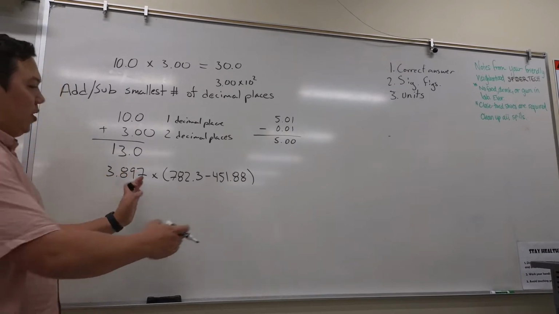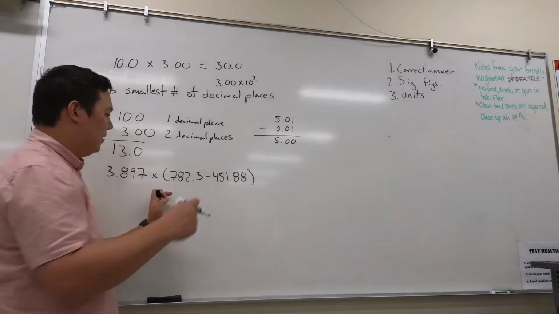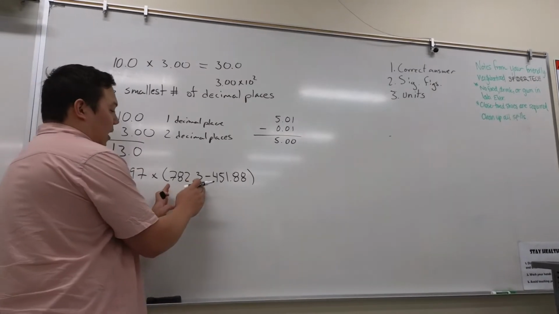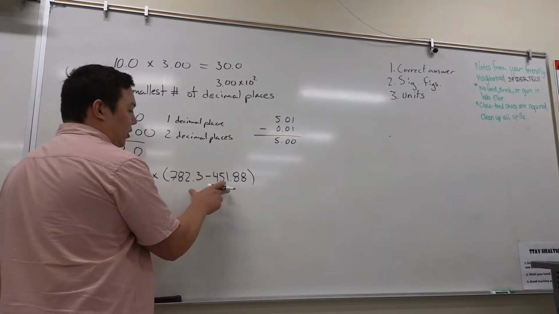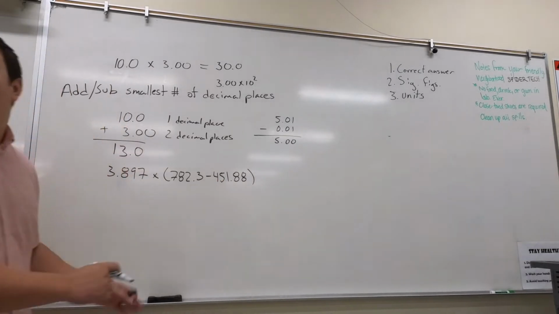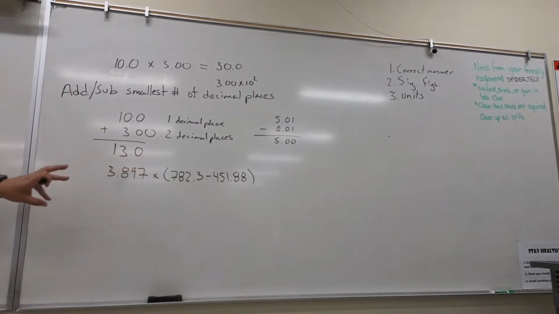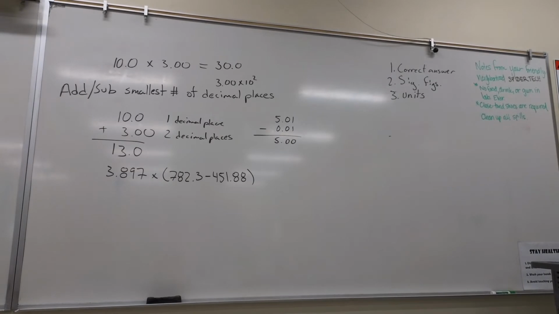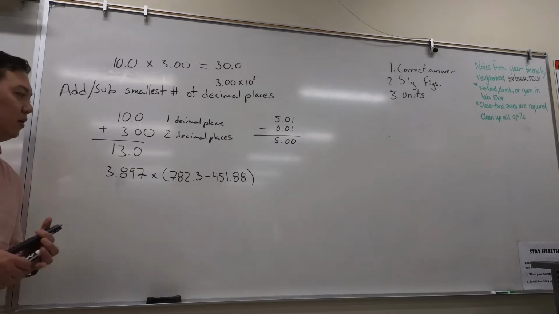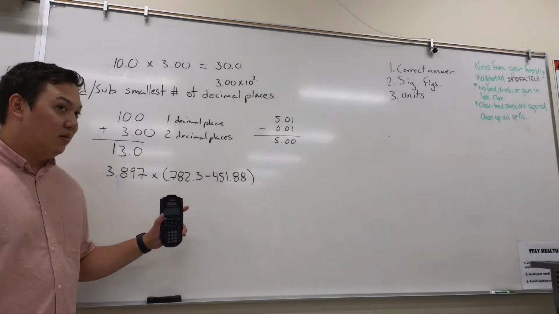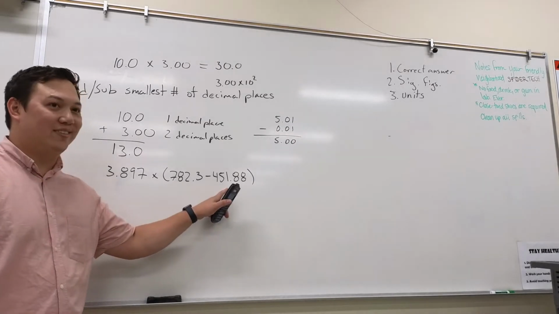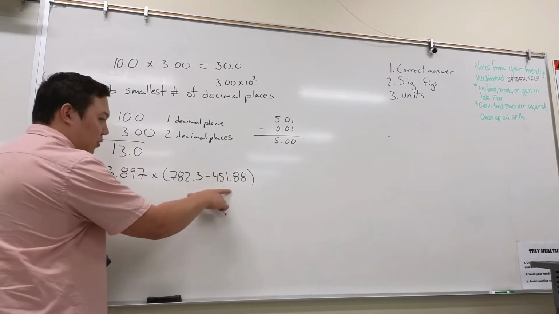So we start with our stuff in parentheses, and we're doing subtraction. How do we determine how many sig figs our answer is going to have? For subtraction, it's decimal places, so the lowest number of decimal places.